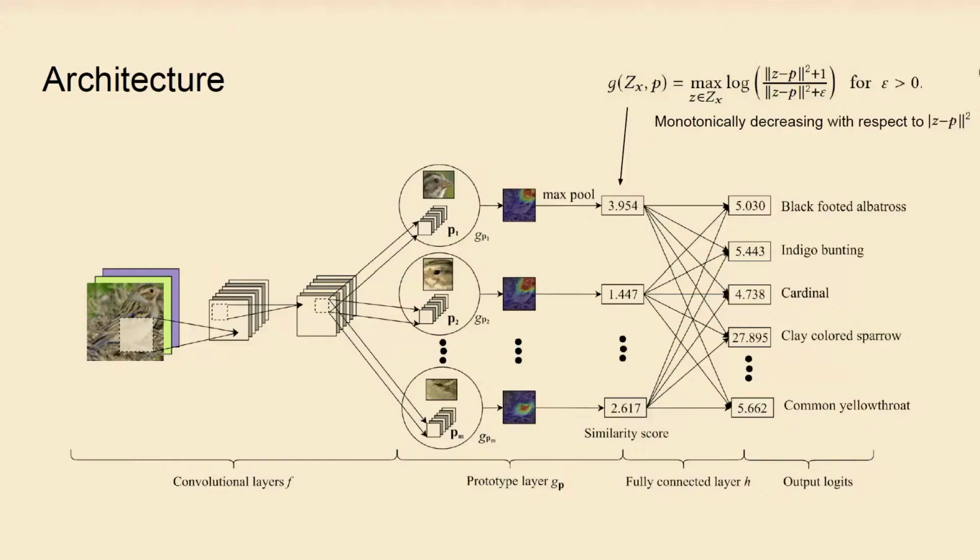And if we compute this logarithm for each z, so for each location from this representation space, then we obtain this map. What's the size of the similarity map? Anybody know? What's the dimension?